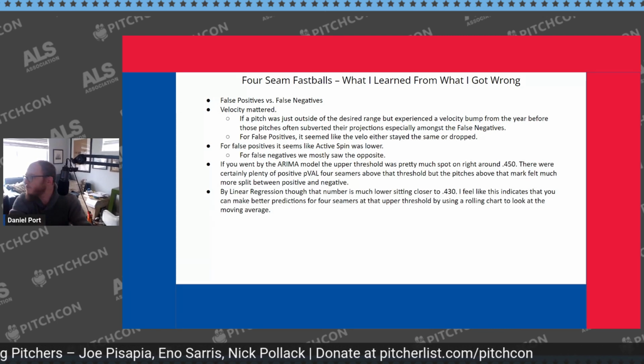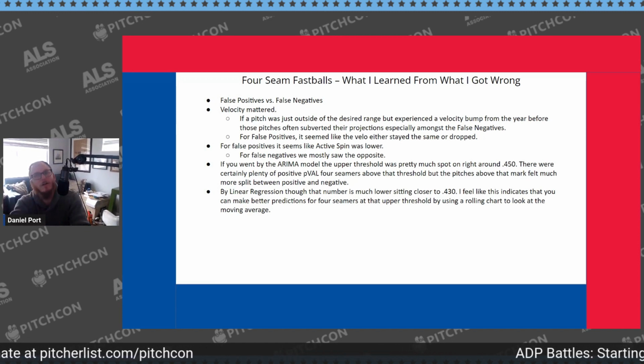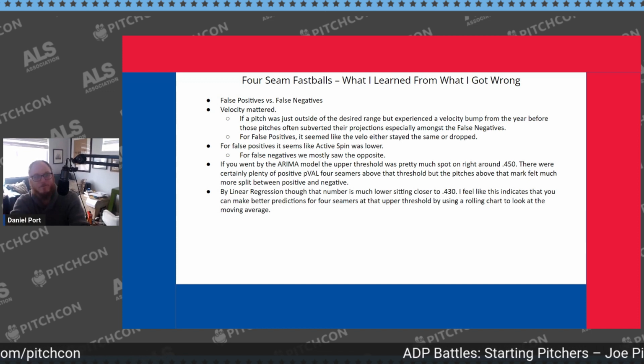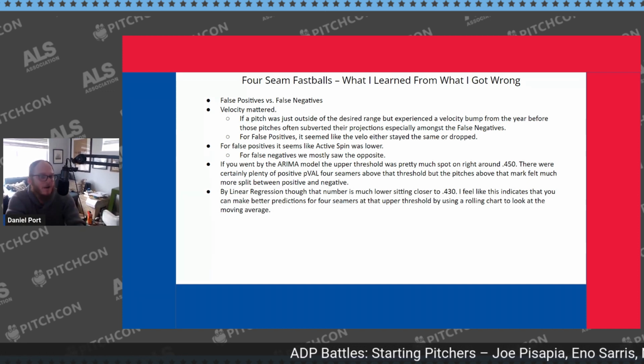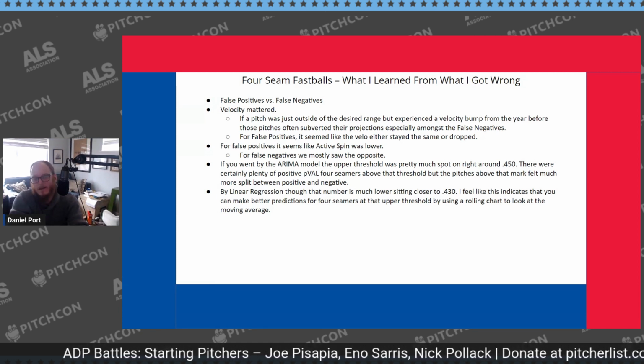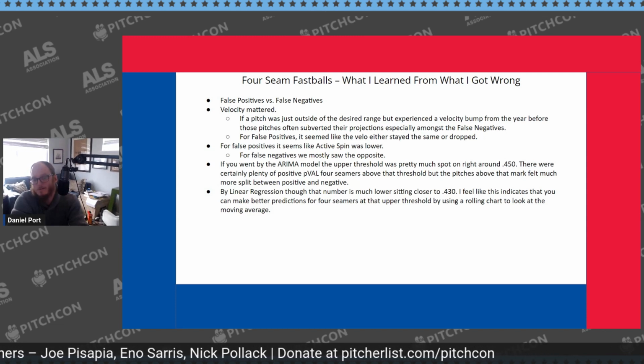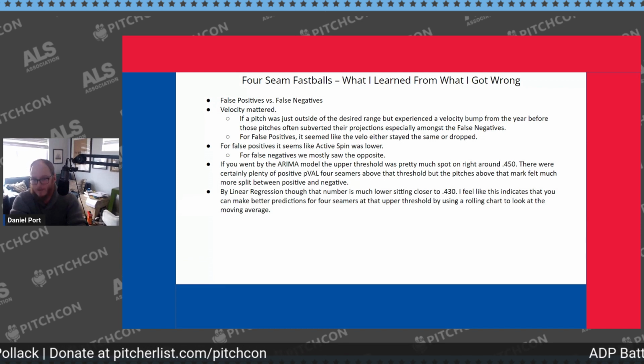If you throw your fastball too much in the zone, you're going to get hit. At some point, it doesn't matter if you throw 99. If you throw it up in the zone too much, a player is going to be able to predict that. Now, when you look at the linear regression model, though, that number sat much closer, about 0.430. And I think what that means is if you're going to try and make predictions for four-seamers, one really useful tool would be using a rolling chart to look at that moving average.